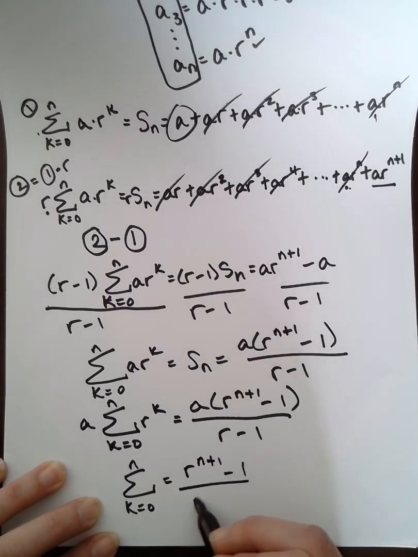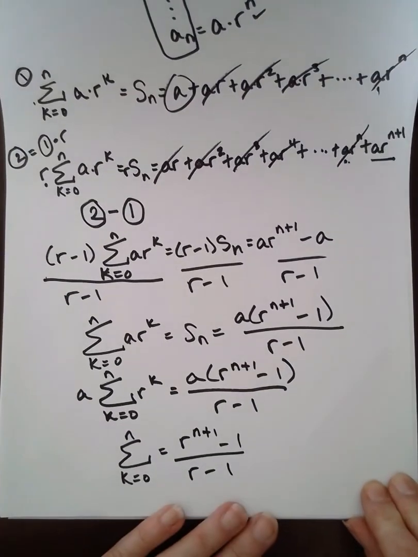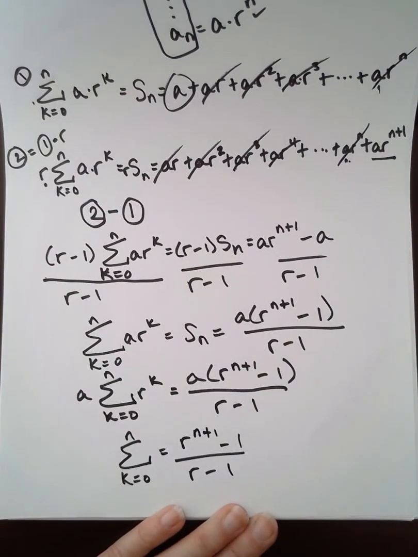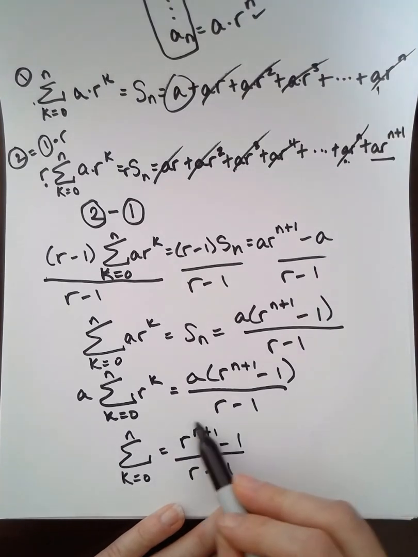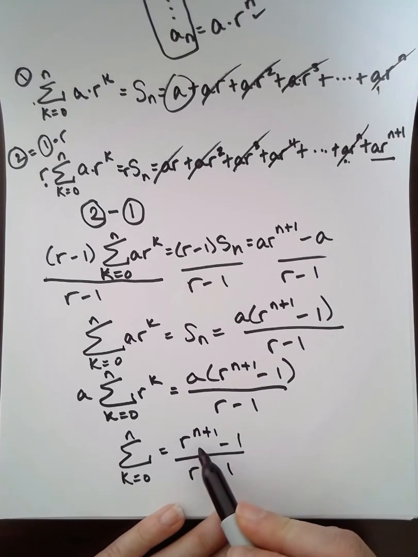And now let's think about possibilities for that common ratio. If your common ratio in absolute value is between 0 and 1, then this term here is going to go to 0 as n goes to infinity.